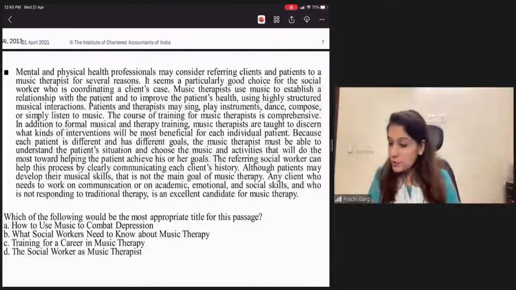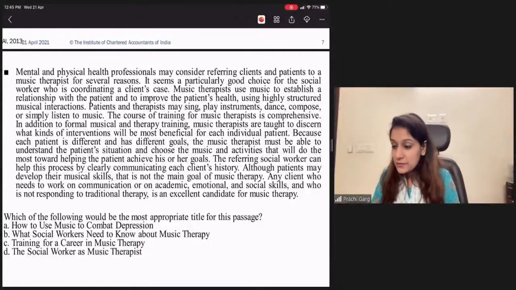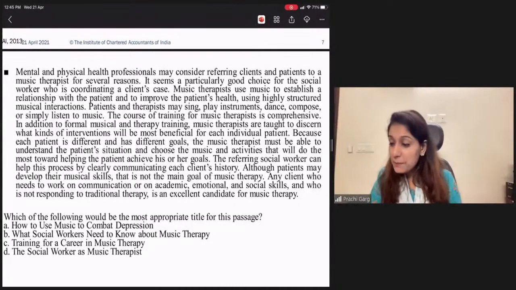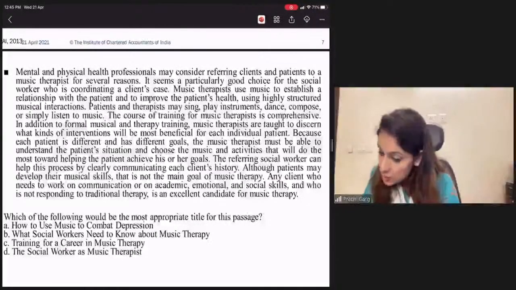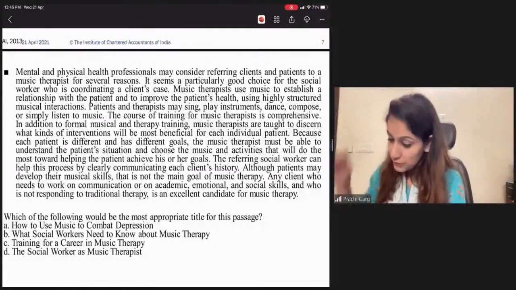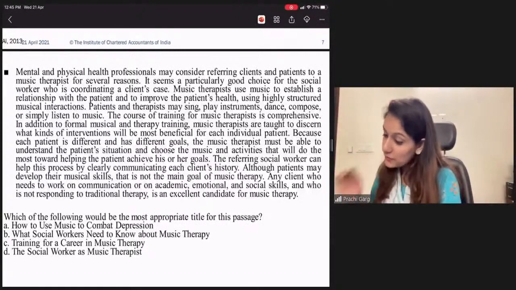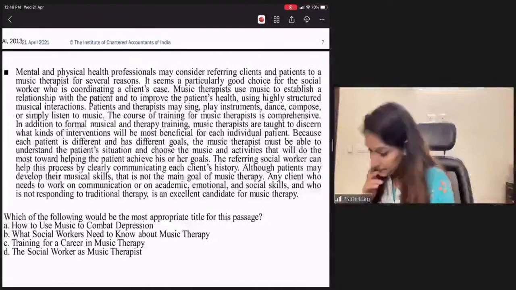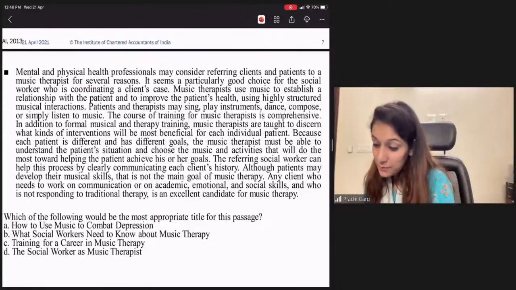Mental and physical health professionals may consider referring clients and patients to the music therapist for several reasons. It seems a particularly good choice for the social worker who is coordinating a client's case. Music therapists use music to establish a relationship with the patient and to improve the patient's health using highly structured musical interaction. Patients and therapists may sing, play instruments, dance, compose, or simply listen to music.